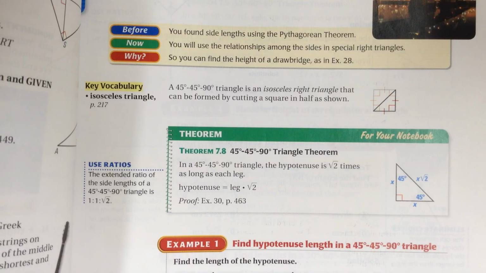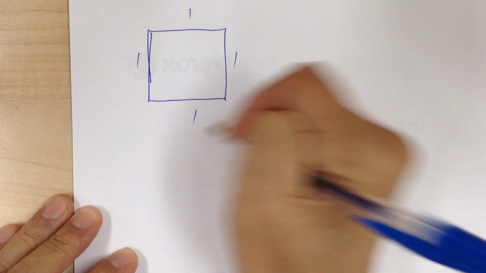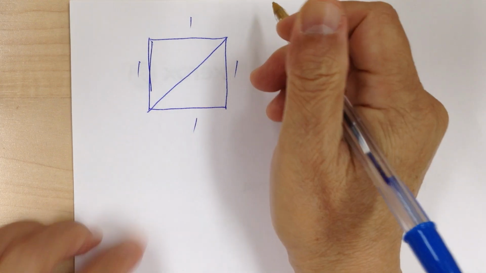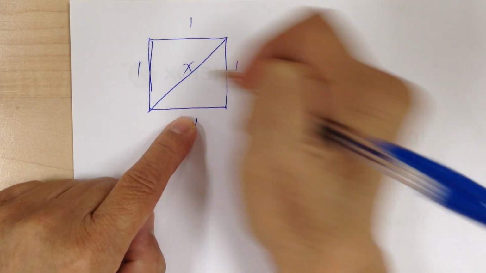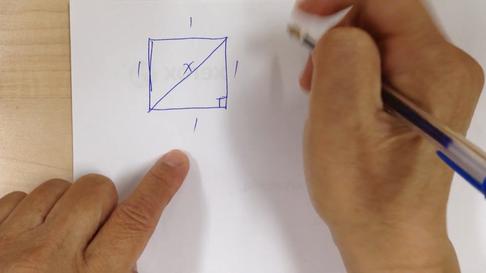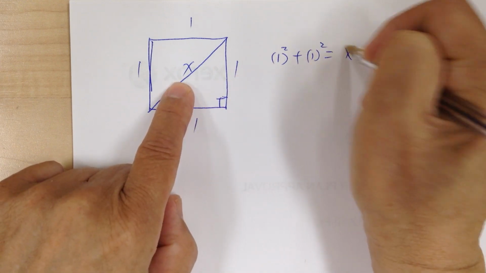And the reason for that is, if you have a square and you call the length 1 on each side, and then you cut it in half, and let's call this x, then to use the Pythagorean theorem, you're going to get 1 squared plus 1 squared equal to x squared.